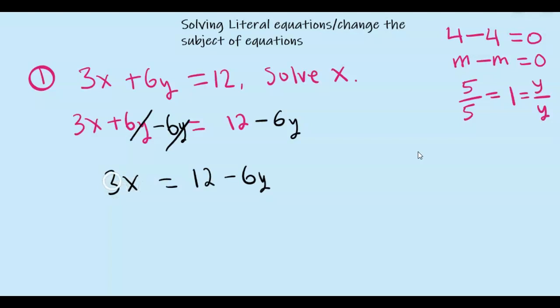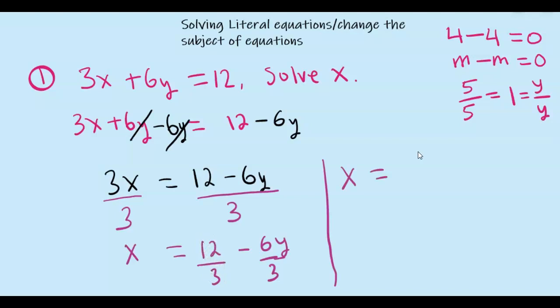I need to get rid of the 3 here. It's multiplying, so we will divide. So we will divide here by 3, and we will divide here by 3. 3 divided by 3 is 1, so we get x. And here we can rewrite it as 12 divided by 3 minus 6y divided by 3. 12 divided by 3 is 4, minus 6 divided by 3 is 2y.